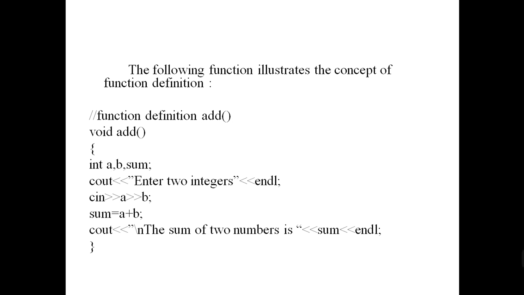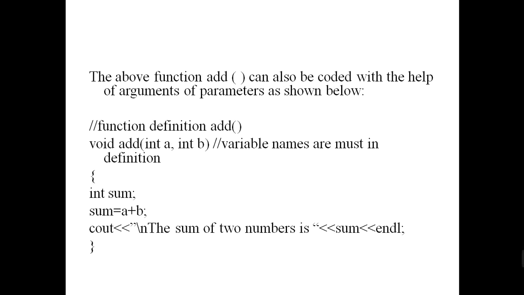Now in the next program, with arguments, there are two parameters, one is int a, another one is int b. In the function definition, the variables int a and int b are now added within the parentheses as parameters.